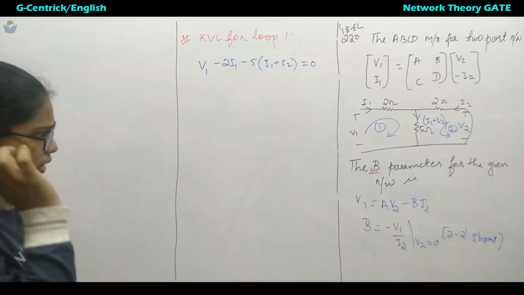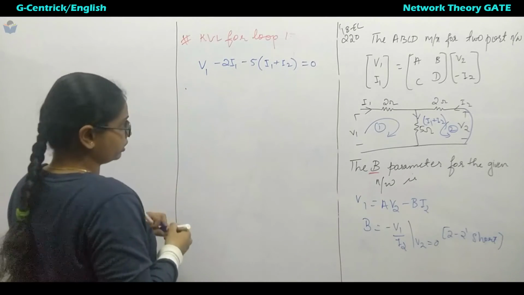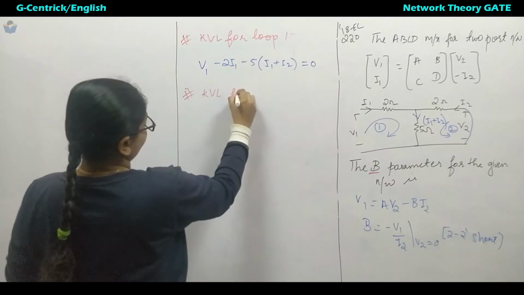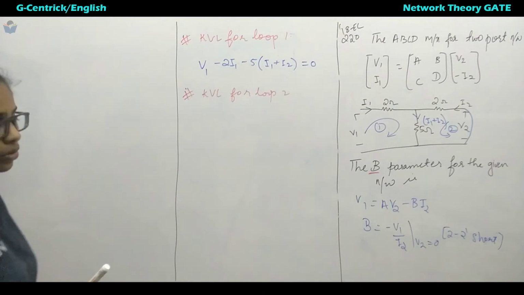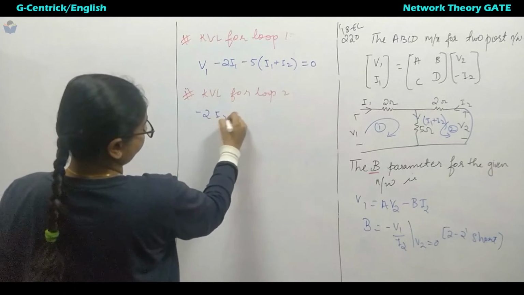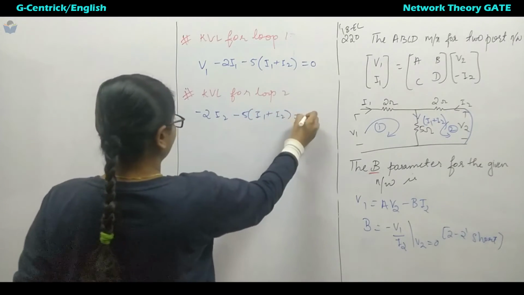Next, what can we write in loop 2? We go for KVL for loop 2. It is short circuited, so there is 0 current flowing in that one. We'll get minus 2I2 minus 5 times I1 plus I2 equal to 0.